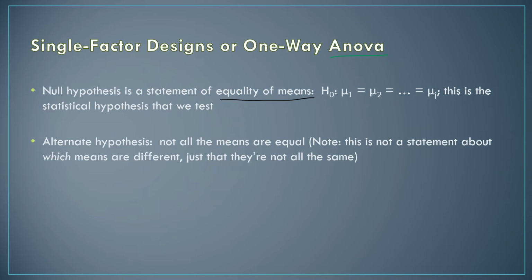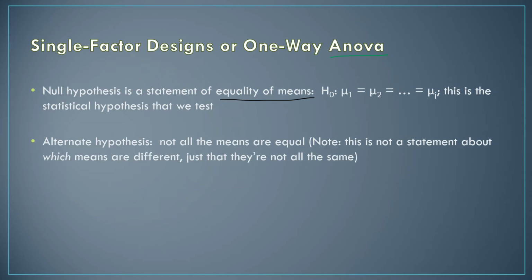Then our alternate hypothesis is that not all the means are equal. But what you need to pay attention to is that this does not mean that all of the means are different, and it doesn't mean that all of them are the same. It really just means that there is a significant difference between at least two of the means that are included in your ANOVA.